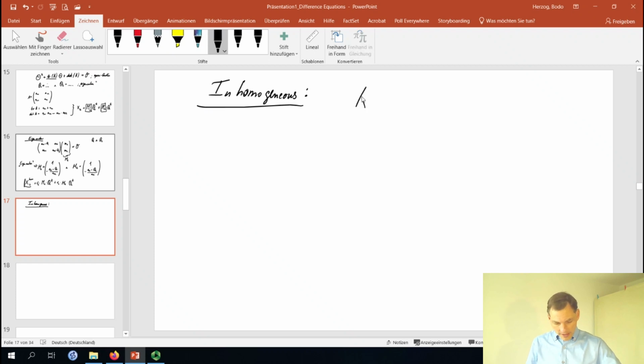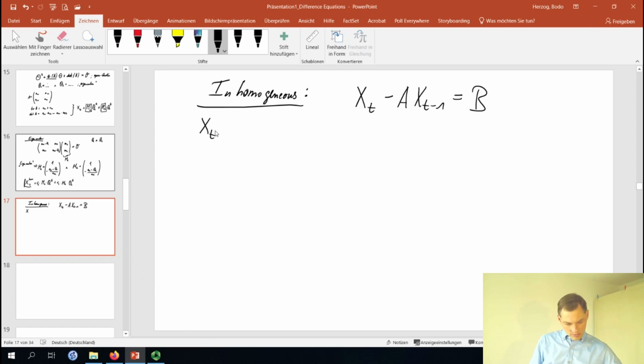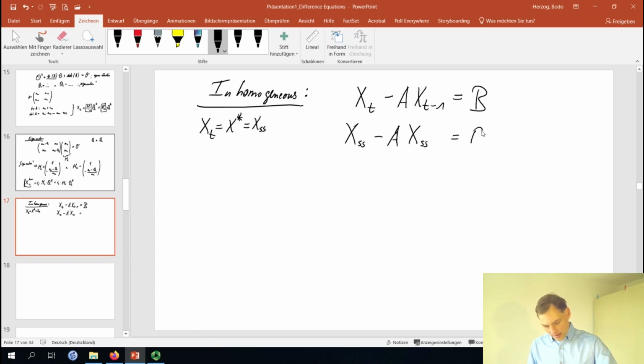So if I rewrite this equation, my vector difference equation, it's my matrix A times x at t minus 1 is equal now to my B. But look, in the inhomogeneous case, we just assume that x_t is constant, it's at my steady state. So we plug in here the steady state, minus A times the steady state, equals B.